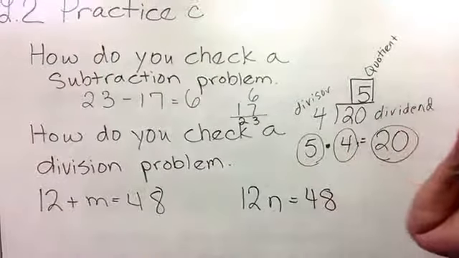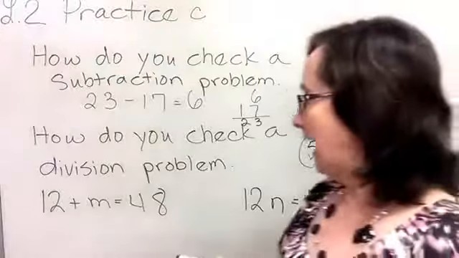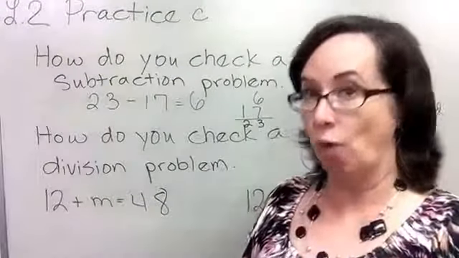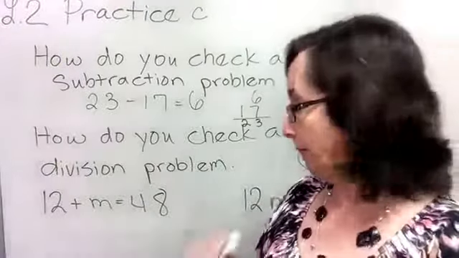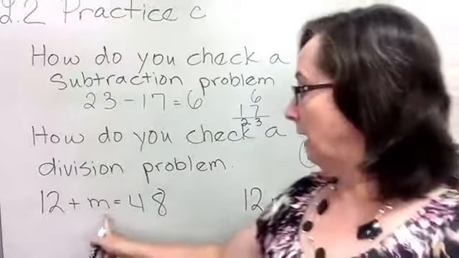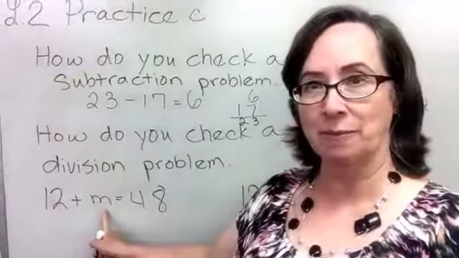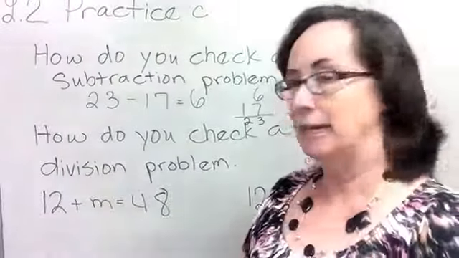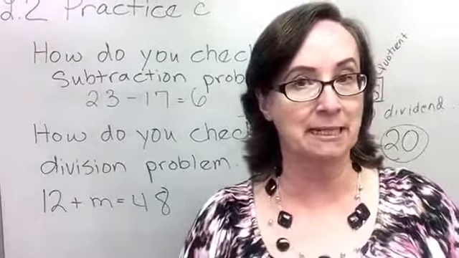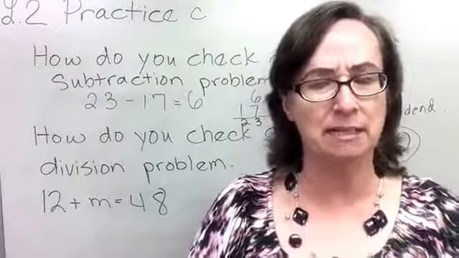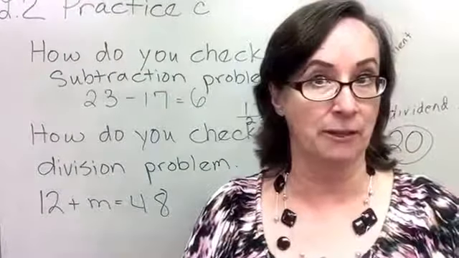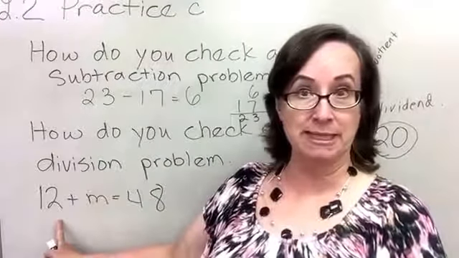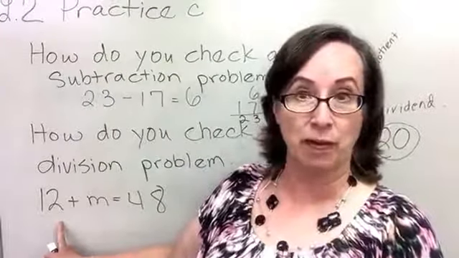All right, so now we have 2 problems down here, and we're going to do these 2 problems, but we're also going to talk about why we can do them. All right, so right here, anytime I'm trying to solve for a missing number, and you did this at the end of your basic skills section, I'm trying to get that missing number all by itself. So over here I got this 12 sitting here bothering my missing number, so I want to get rid of that 12.